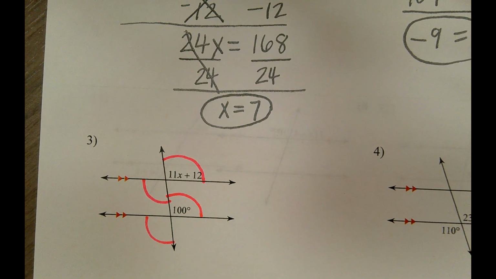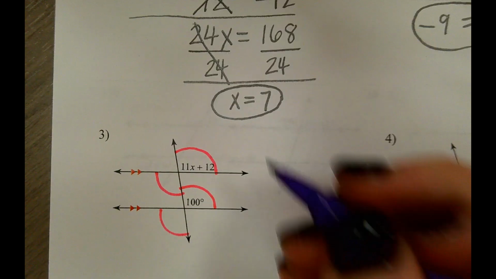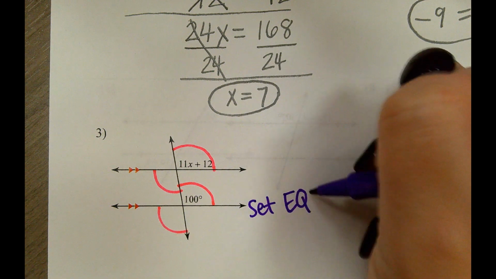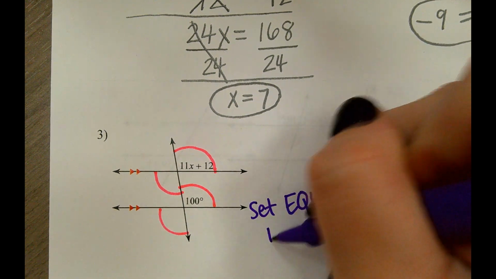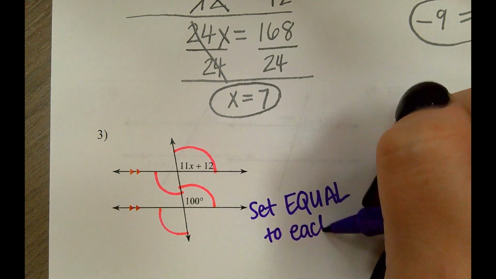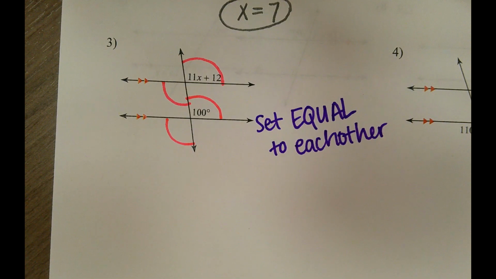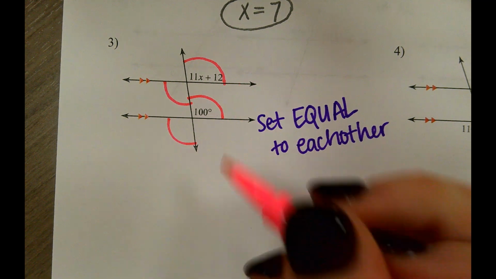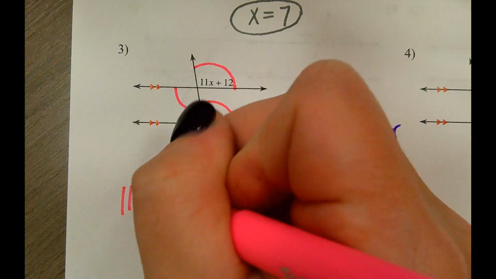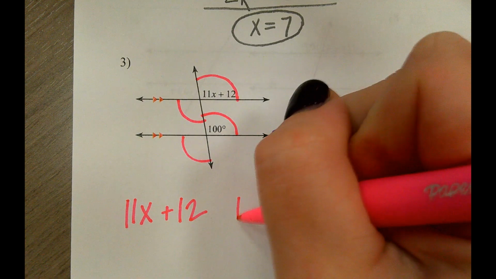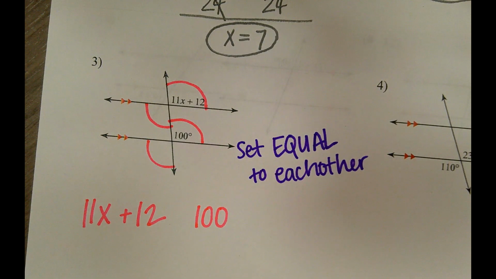So what equation would we write? Perfect. 11x plus 12 is equal to 100. 11x plus 12 equals 100.